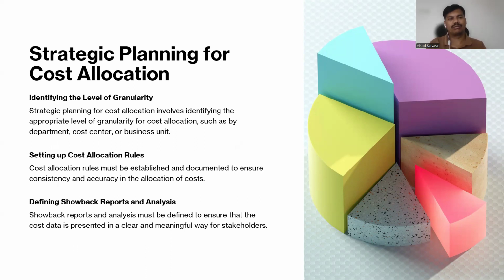So the first step is to identify the level of granularity. Strategic planning for cost allocation involves identifying the levels at which we wanted to bring on the cost allocation: department-wise, cost center, or business unit, right? Maybe we are allocating that cost for a specific department or cost center.